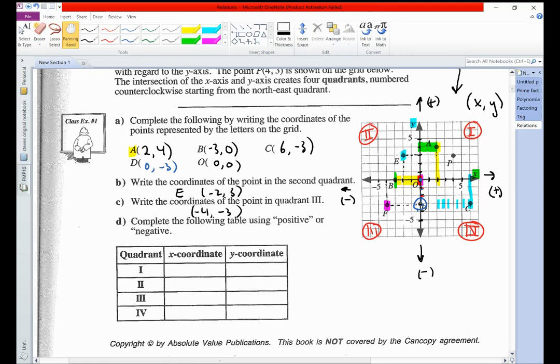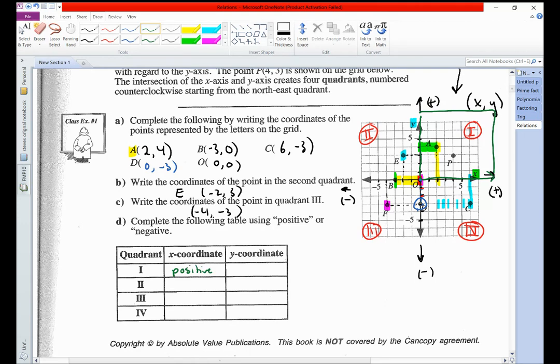So here it says complete the following table using positive or negative. So in quadrant 1, if we're just looking at this quadrant right here, all of our x values are going upwards, so those will be positive.